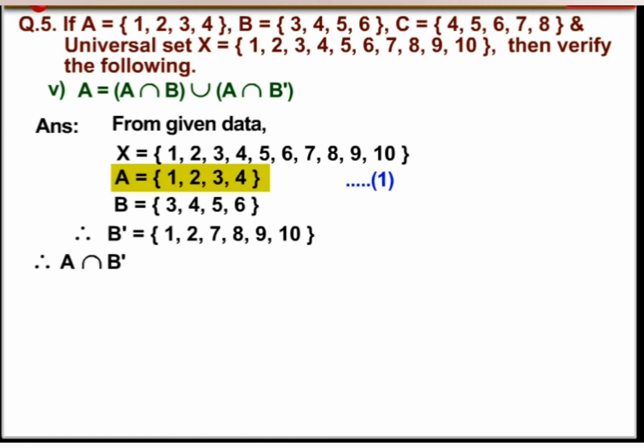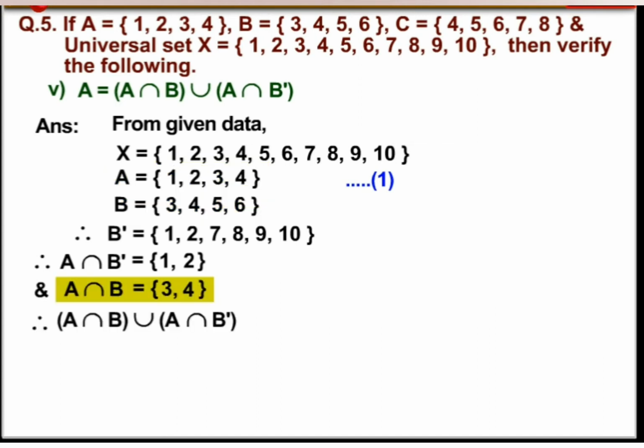Therefore, A intersection B dash is equal to 1, 2. And A intersection B is equal to 3, 4. Therefore, A intersection B union A intersection B dash is equal to 1, 2, 3, 4.